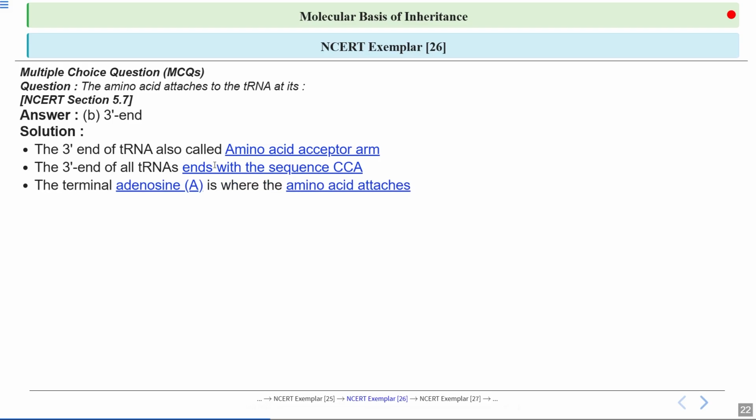Remember this. Now this terminal adenosine is where the amino acid attaches. Okay, this is the terminal adenosine. So here you can see this is the 3 prime end of transfer RNA. Here the sequence will be CCA and the amino acid will bind to this A, this terminal A.